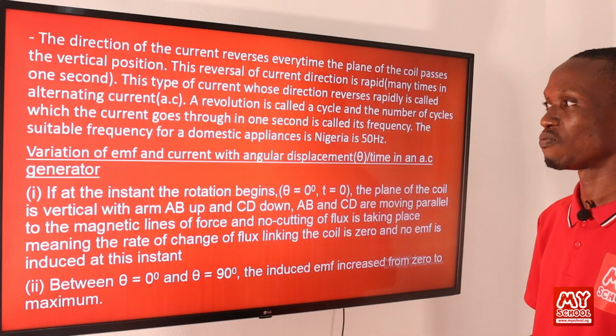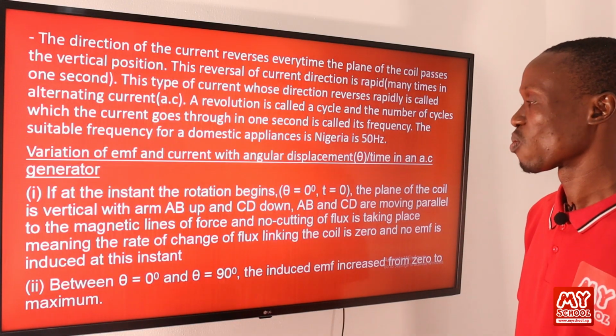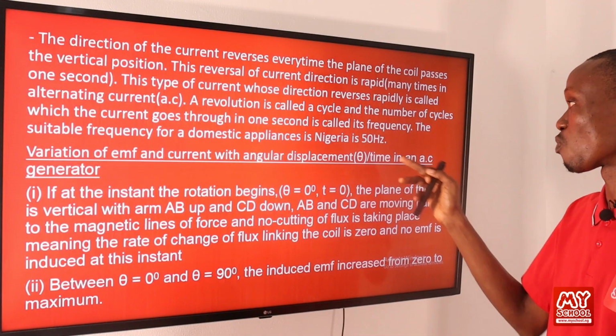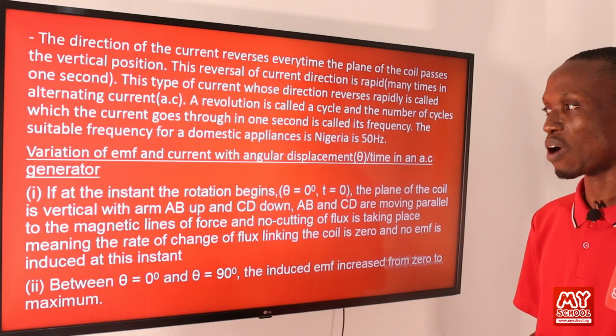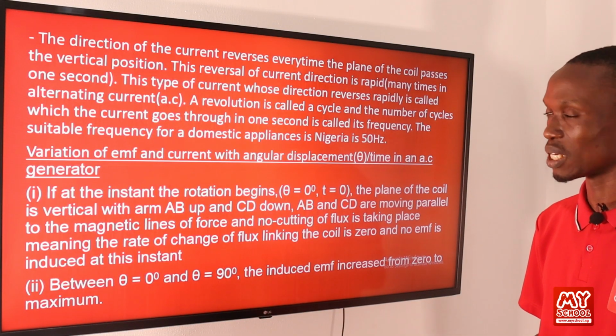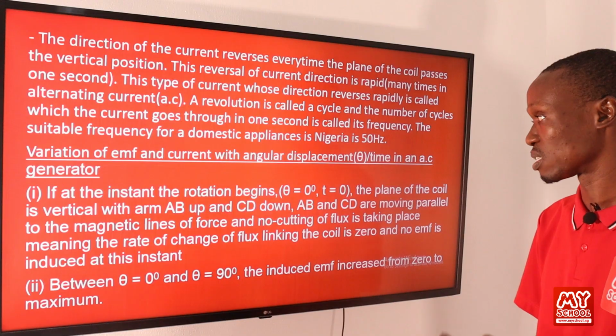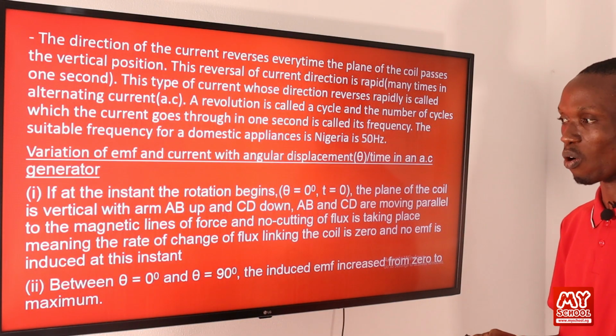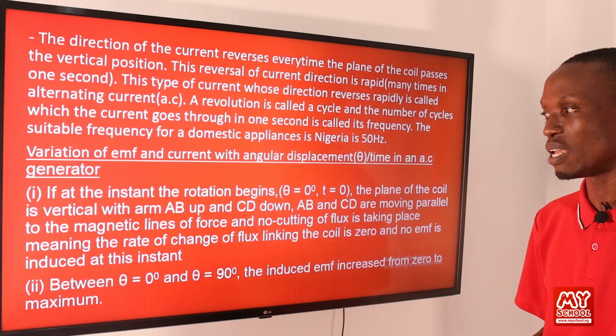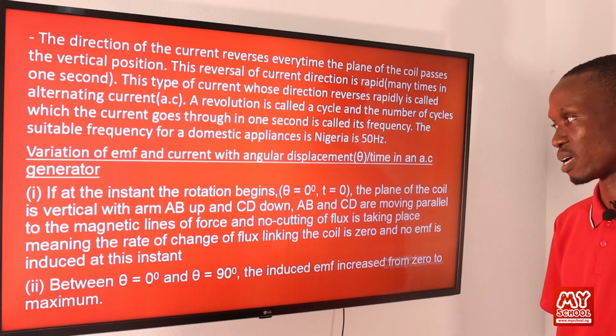Now let's talk about variation of EMF and current with angular displacement over time in an AC generator. One, at the instant the rotation begins, that is when theta is equal to 0 degrees and time is 0, the plane of the coil is vertical with arm AB up and CD down.